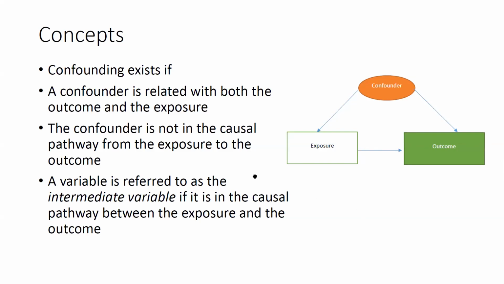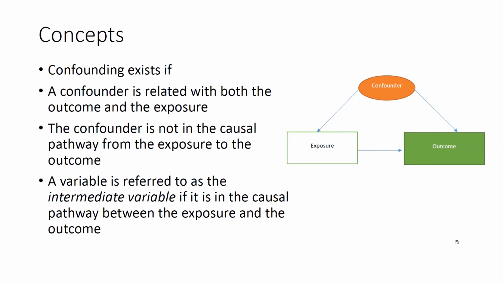The second condition is that the confounder is not in the causal pathway from the exposure to the outcome. In this research question, the main relationship of interest is the relationship between exposure and the outcome. The confounder must be related to both, but not in the causal pathway.